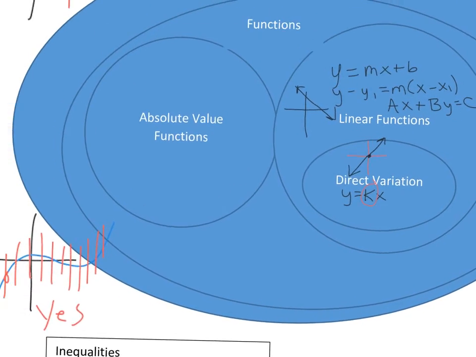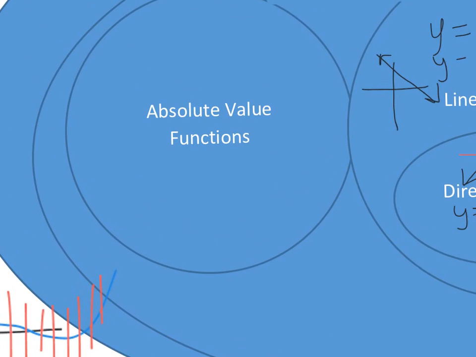Then we also talked about absolute value functions. It takes on the form y equals a times the absolute value of x minus h, plus k, where the translation of the function is the h and the k. So the h and the k is the vertex when it's in this form.